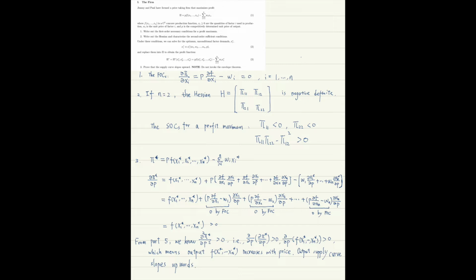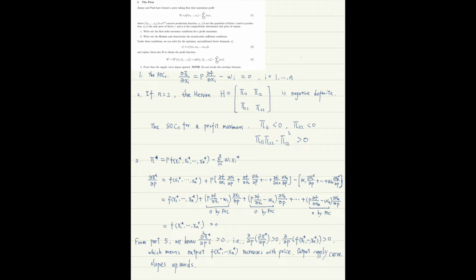The second step is to show that the profit function pi is convex in P, which is the result of question 5. So we can use the result of question 5.